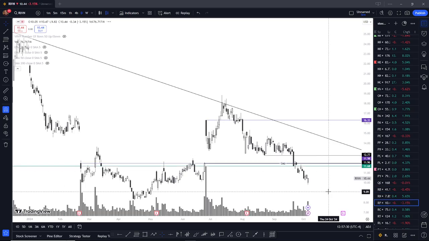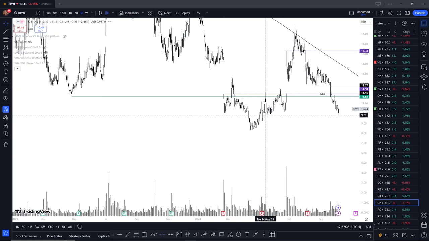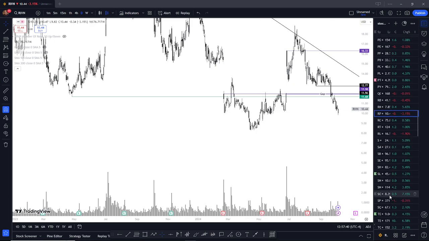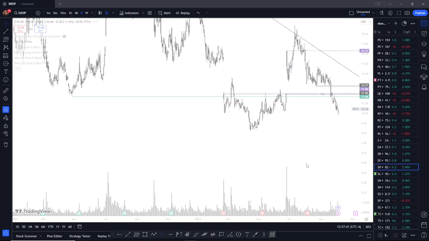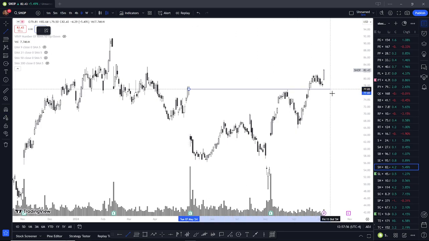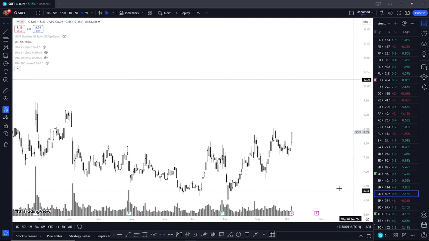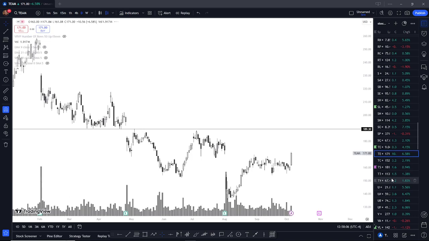Ooh, Rivian. This will be my sympathy to the Tesla. Shopify's been beautiful, dude. Look at this. So yeah, that's going to be it. It's not a big focus list for me.